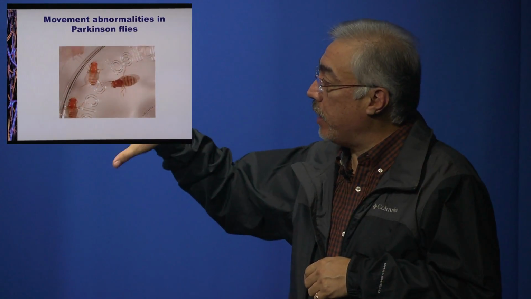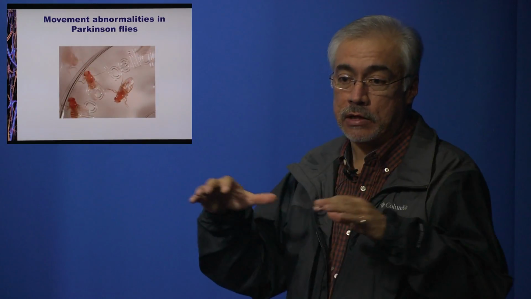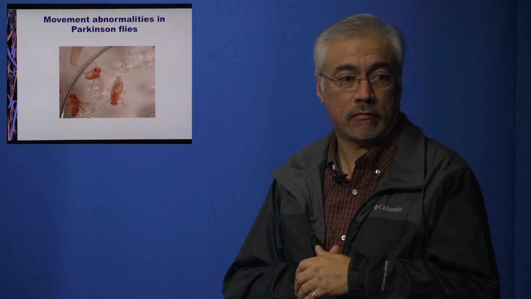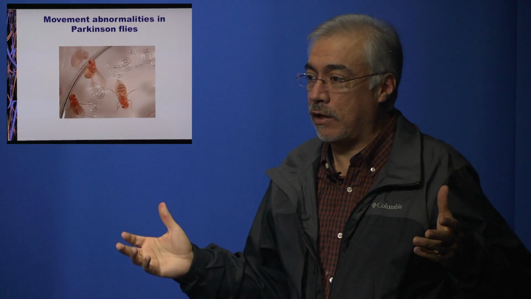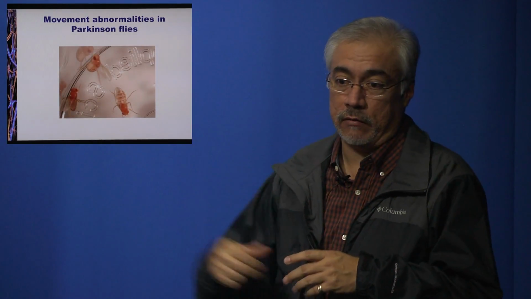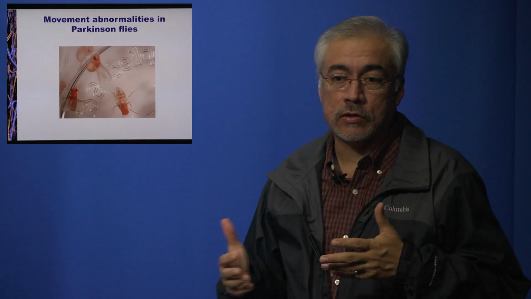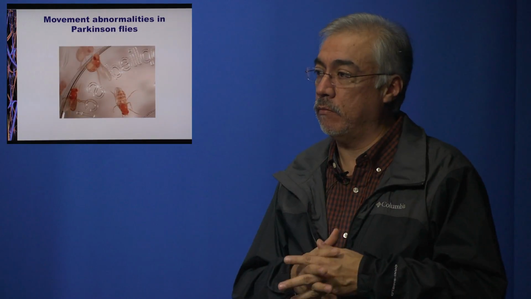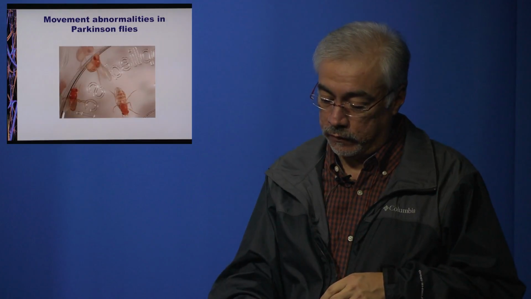We're taking the video from the top, and we don't have any surface that prevents them from escaping or going away, because they cannot do that. If you try to do this with a normal fly, they will fly away immediately. Okay? So this is just an example of how we can make models of human diseases in the fly.